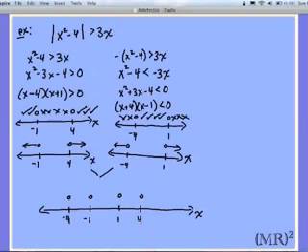Okay, so for this side, I had all values less than negative 1. So I can shade this way. But that means that if I'm allowed to use negative 4 for this side, even though I wasn't allowed to use it here, it is a possibility. So this open circle now is a closed circle, and I have shaded everything this way.